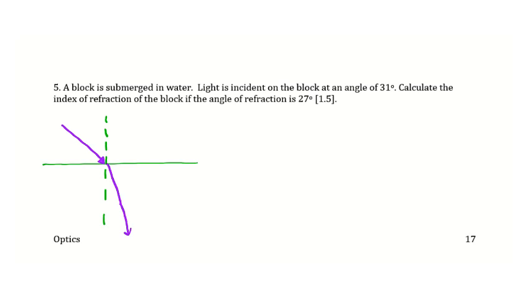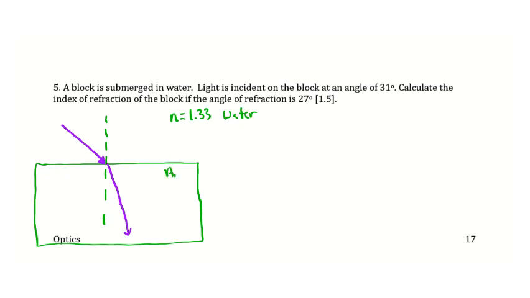So we have a block that's in water. So we'll just let this be our block. Now, we are surrounded by water. So our incident medium is going to be water. And the block is some unknown index, right?